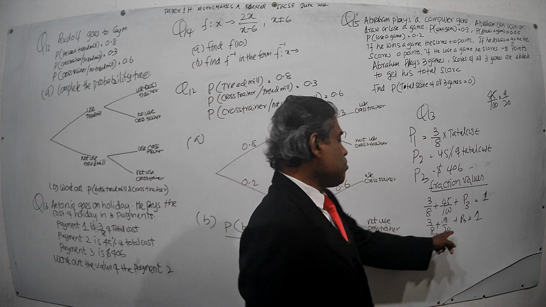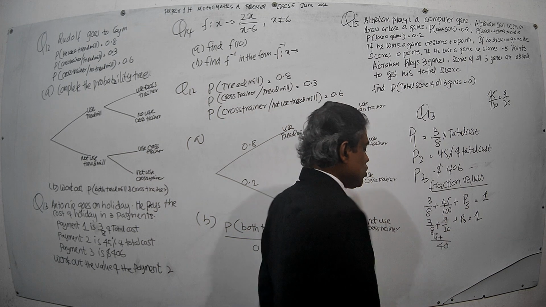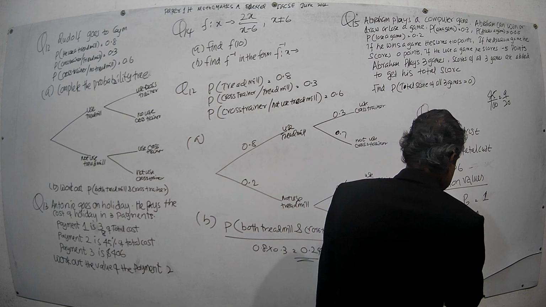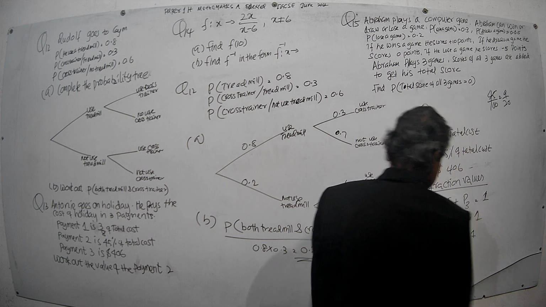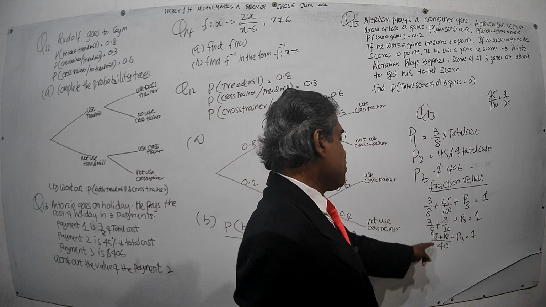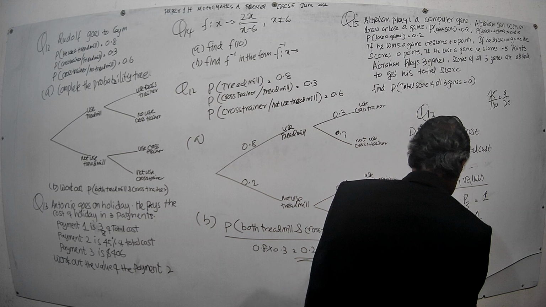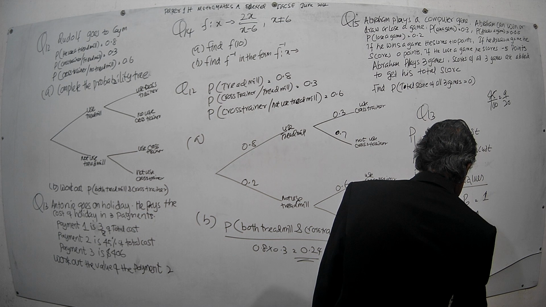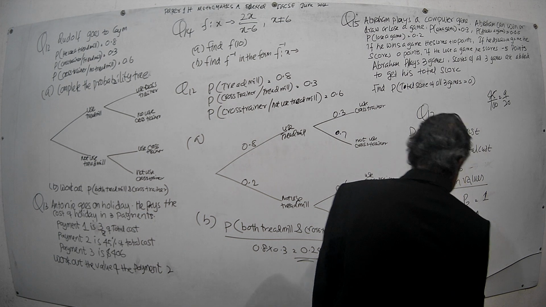Then 20 multiplied by 2 is 40, then 9 multiplied by 2 is 18. Plus P3 equals 1. Then 15 plus 18 is 33 over 40 plus P3 equals 1.